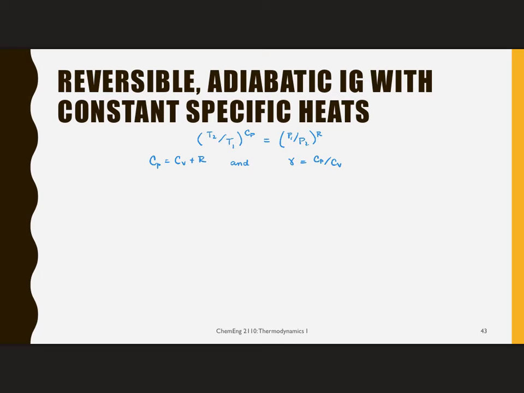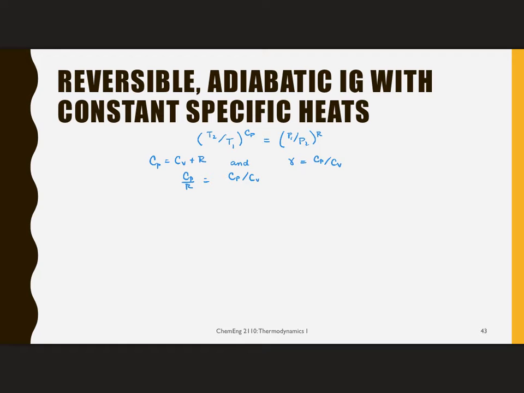If I do this, remember I could rearrange this so I had R over C sub P or C sub P over R. Let's do this as C sub P over R. There are lots of different ways I can do this, but I want to introduce gamma in here.